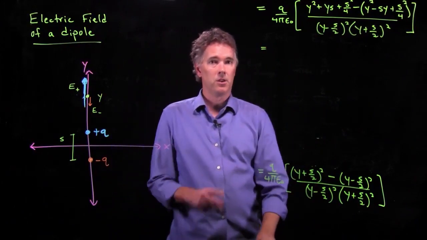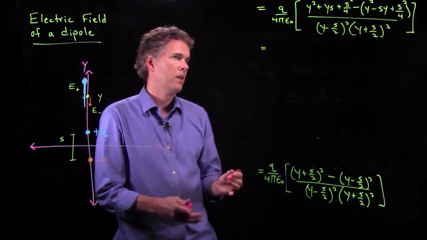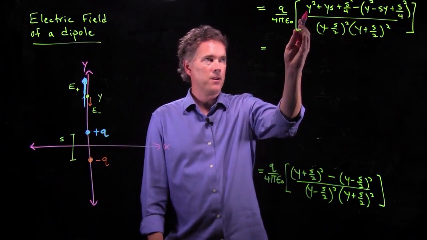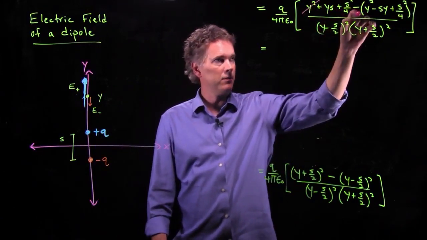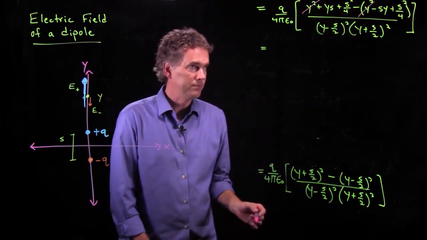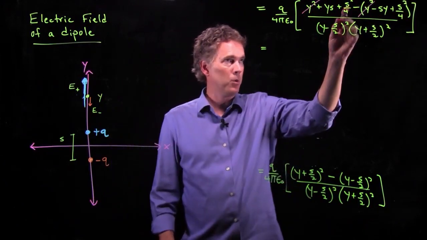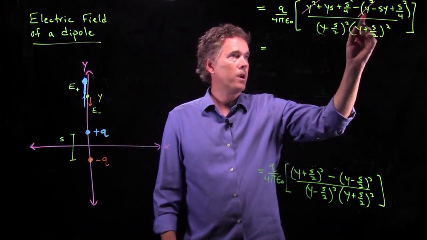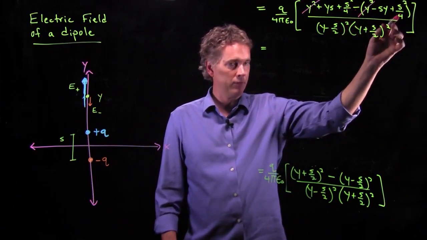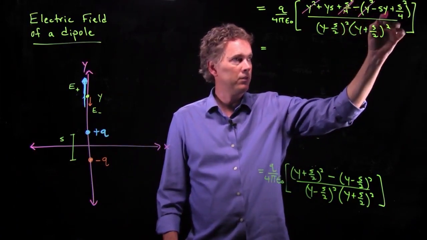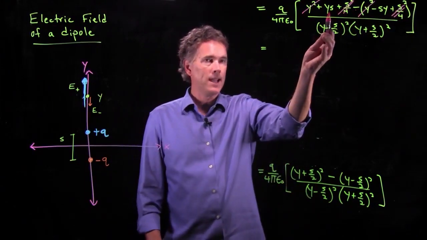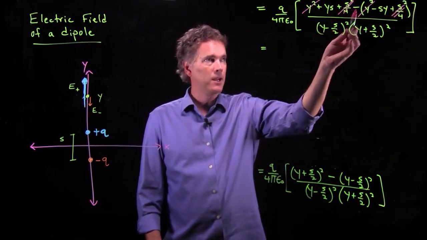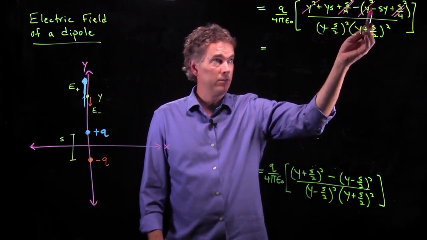And now let's look at the numerator very carefully. We have a y squared here, but we are subtracting a y squared right there. So this, in fact, goes away. We have an s squared over 4, but we are subtracting an s squared over 4. So this goes away. What's left is a y times s minus minus means positive sy.